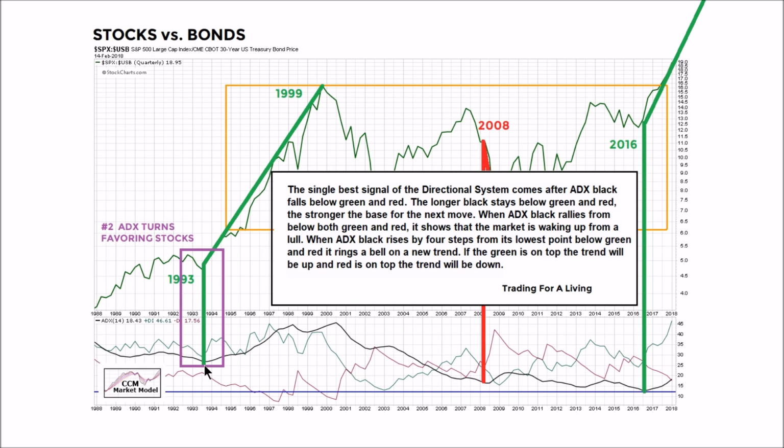Last week, we also showed, and we won't go over it again, that present day looks very, very similar to this signal here in 1993 that told us to be open to stocks significantly outperforming bonds in the years ahead. The present day signal is quite a bit more convincing than this signal that proved to be very, very valuable.